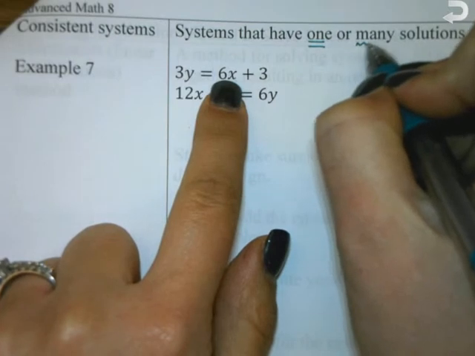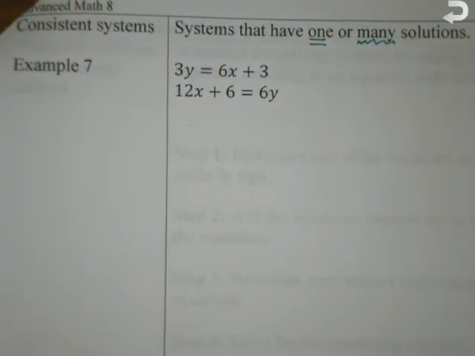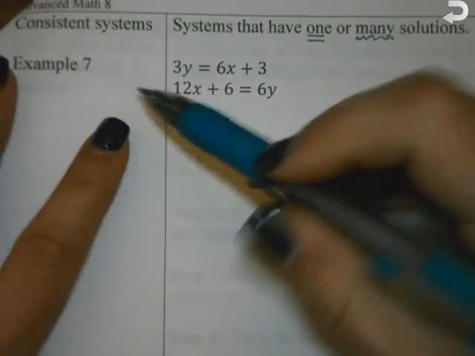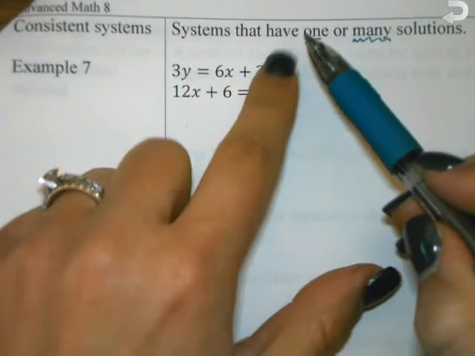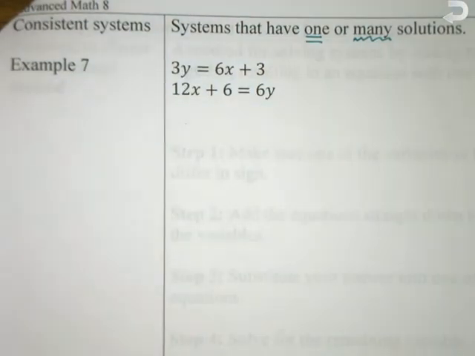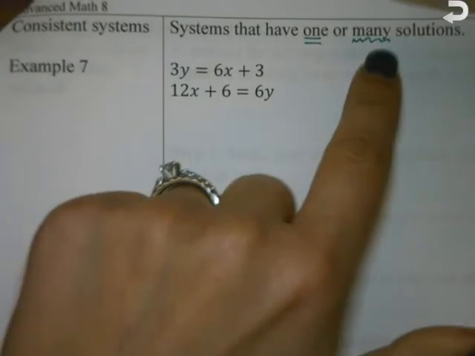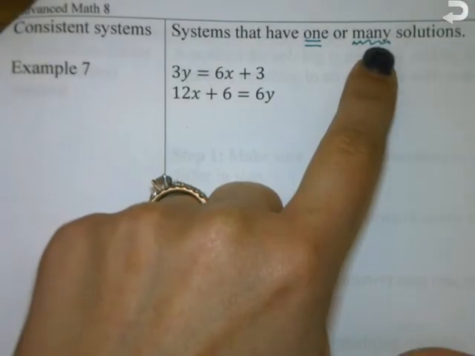Many solutions could also mean infinitely many solutions, as in you could plug in any x and any y and it would always work. Okay? So a consistent system has either one solution, like everything that we've seen so far. Every single one of those has one solution, one x and one y. But you could also have what's called many or infinitely many solutions.